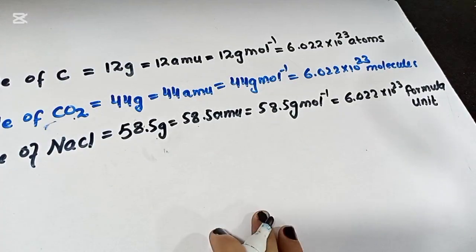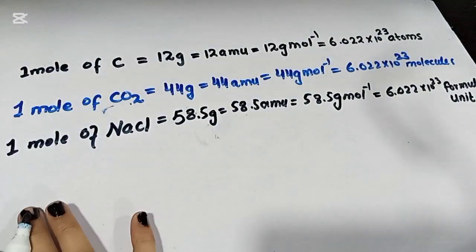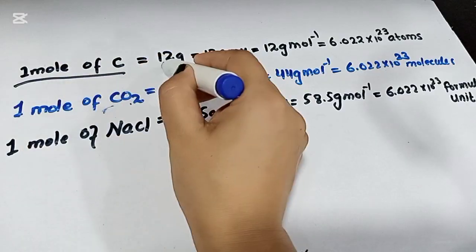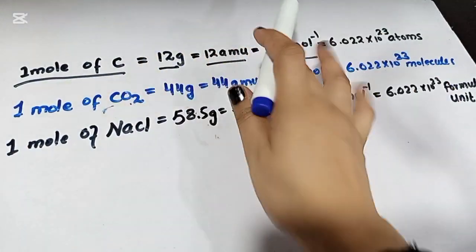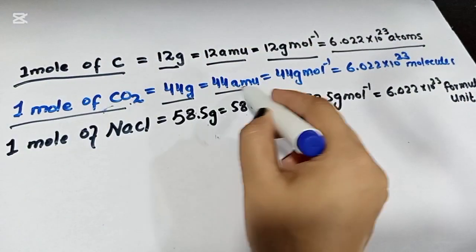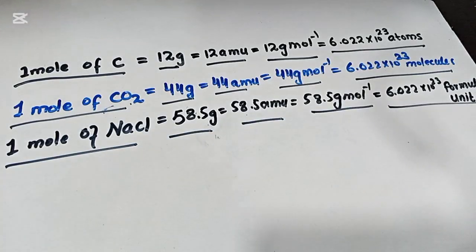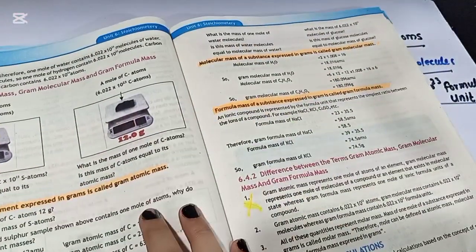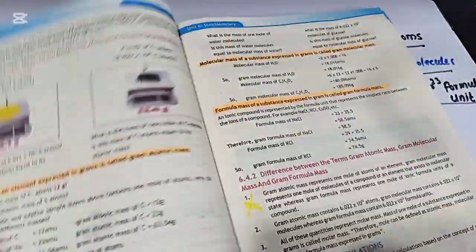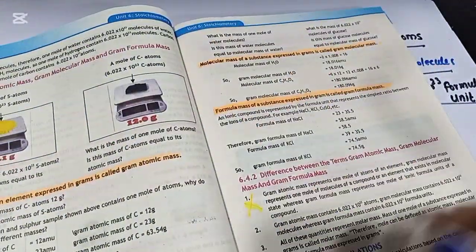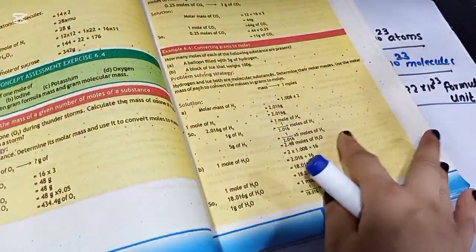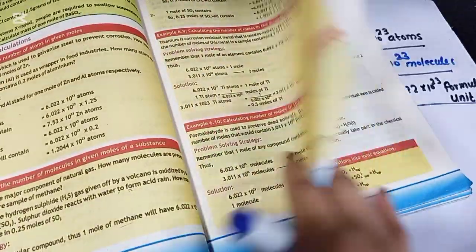Instead of atoms or molecules, we use the term formula unit because it's an ionic compound. This example represents the overall three terms and the molar mass as well, the four terms here. Now we will solve numericals in the next video.